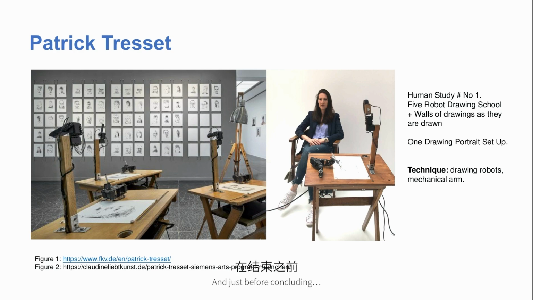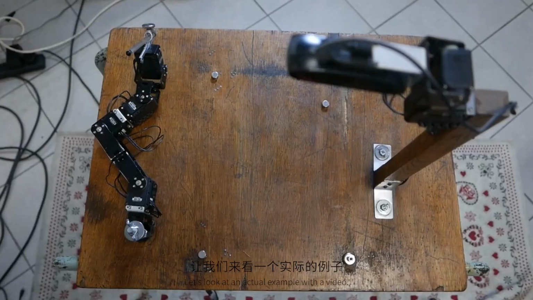Just before concluding, let's look at an actual example with a video. What you're going to see here is one of a series of robots called Paul, developed by Patrick Tresset, a French artist who had his studio in London for a while and is now in Brussels in Belgium.